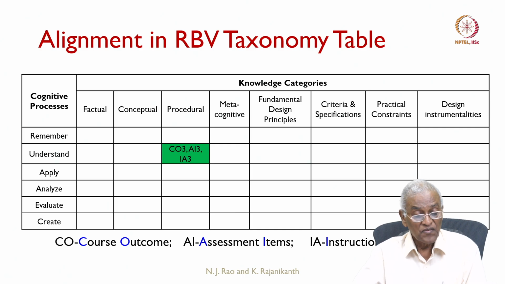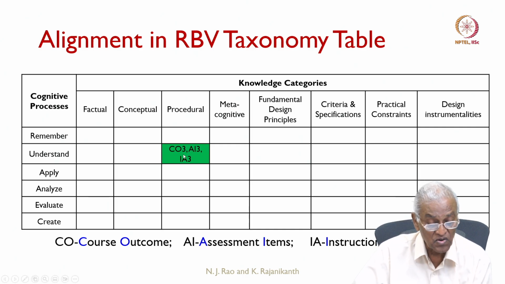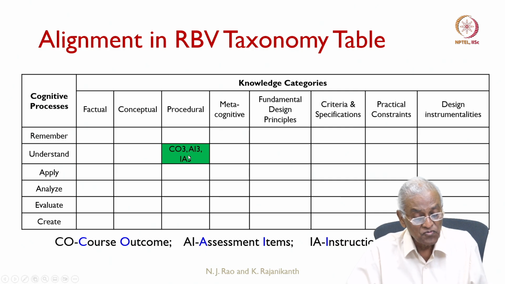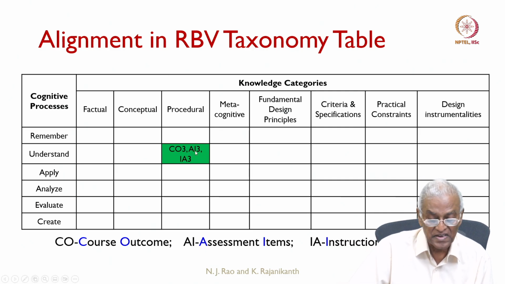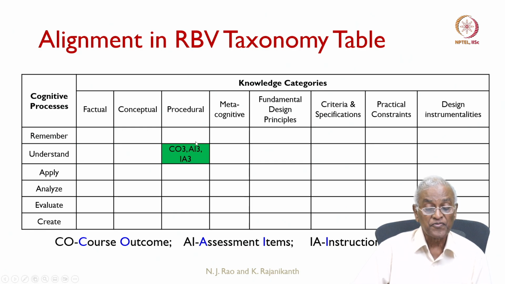If all the items are located in the same cell, CO3, let us say, is the third course outcome, and AI3, that is assessment items to test the attainment of CO3, are all located in the same cell, and instructional activities also can be located in the same cell, then you have perfect alignment.